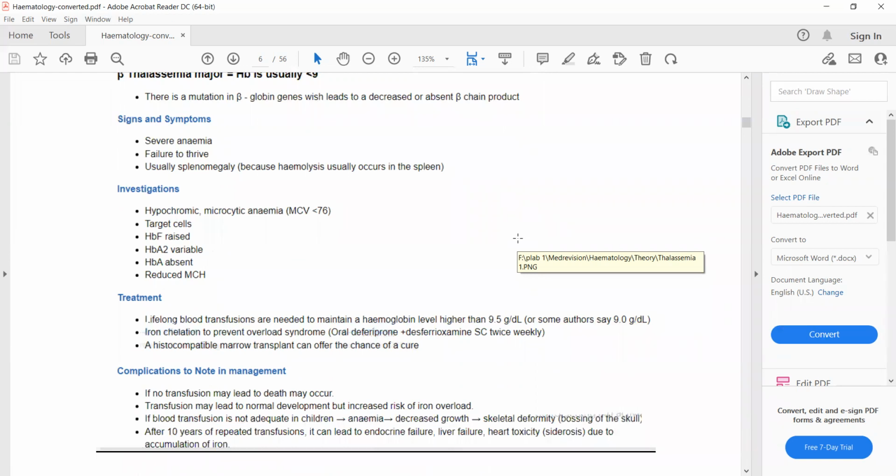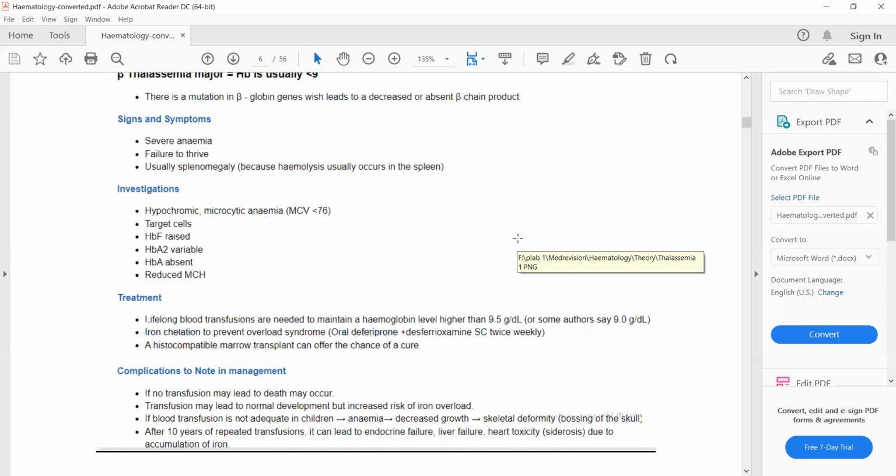So we are discussing a third cause of microcytic and hypochromic anemia. This is a similar picture to iron deficiency anemia and to anemia of chronic disease. But we all know that there is no deficiency of iron. So serum iron will be normal or increased. Serum iron will increase due to multiple blood transfusions.